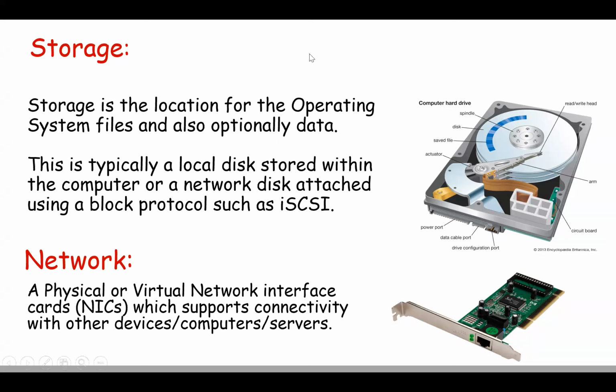See friends, on the right hand side, this is how the hard disk looks in your systems or laptops. Size will be from 500 gigabytes to 1 TB. There is a needle that will read and write your data, and this is the disk on which your data is saved. So this is how the storage looks.